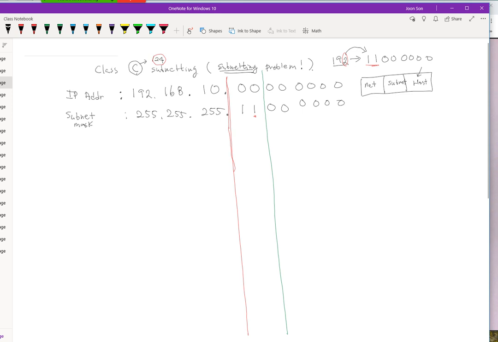So this is my network portion, this is my subnet portion, and this is my host portion. Any questions?